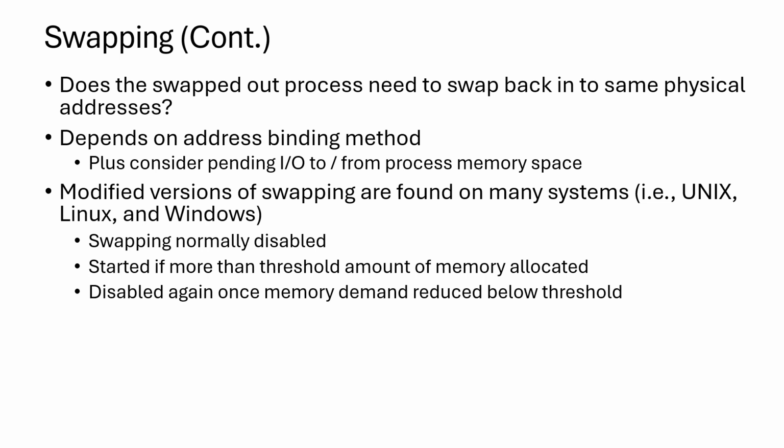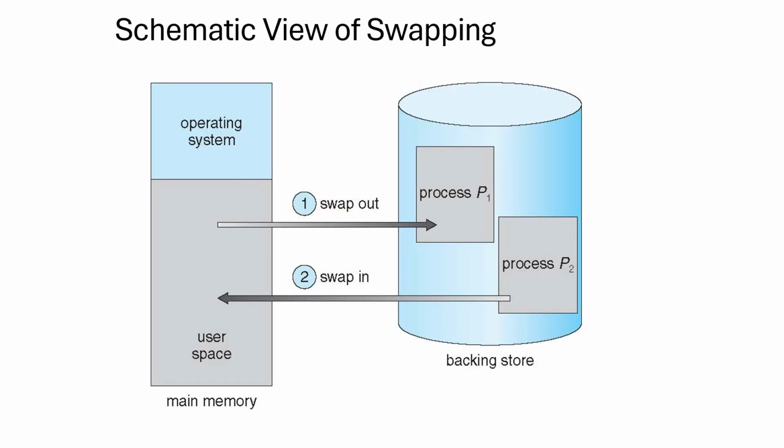Modified versions of swapping are found on many systems like Unix, Linux and Windows. Swapping is normally disabled. It is started if more than a threshold amount of memory is allocated, and disabled once again when memory demand is reduced below the threshold. So it is not done frequently. When we have more processes than we can hold in memory, only a few will be taken out of the main memory and placed in the secondary memory.